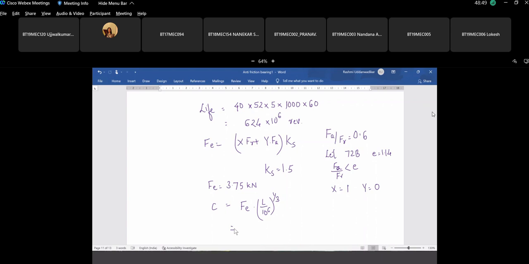What is the value of C? Are you getting 32 kilonewton?